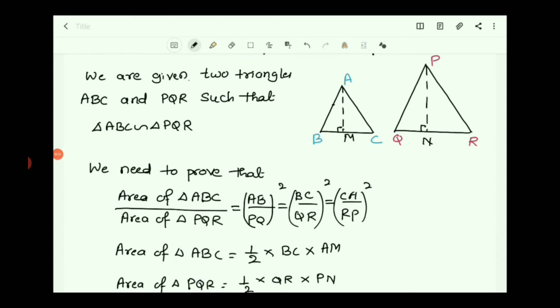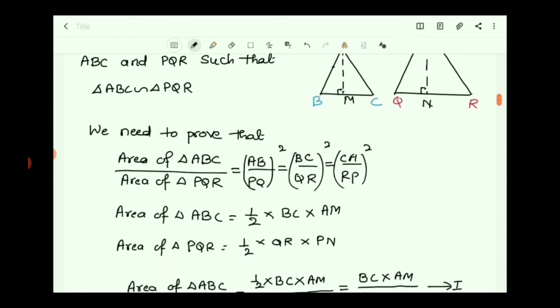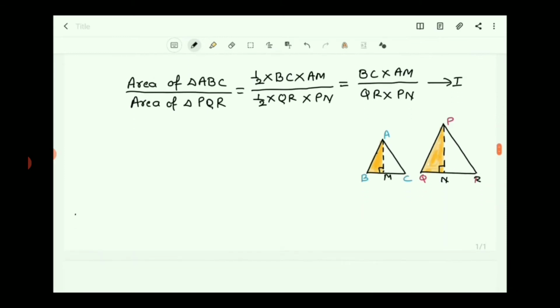Take triangles ABM and PQN and prove that they are similar. By using any one of the similarity criteria, you prove that triangle ABM and triangle PQN are similar triangles. Here you write the names of the triangles.